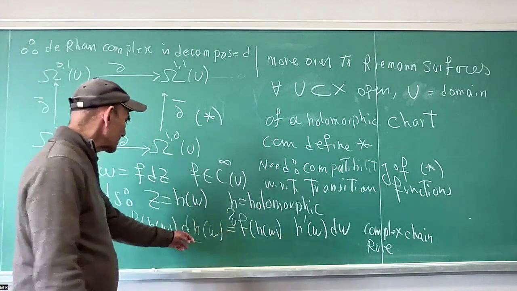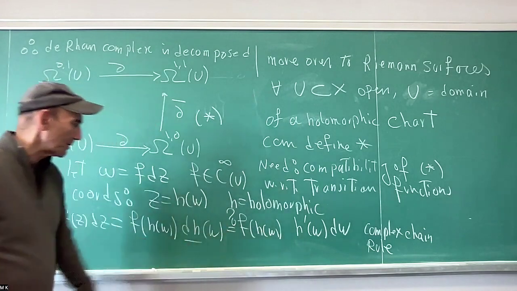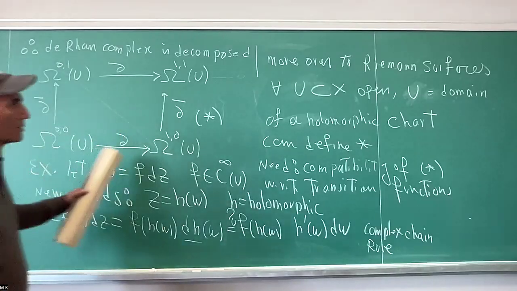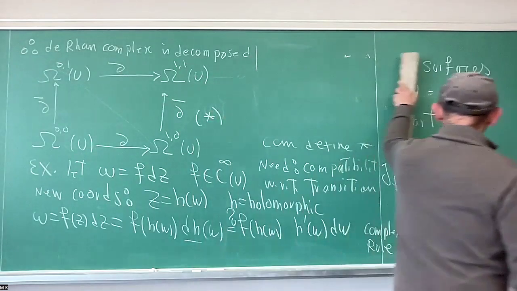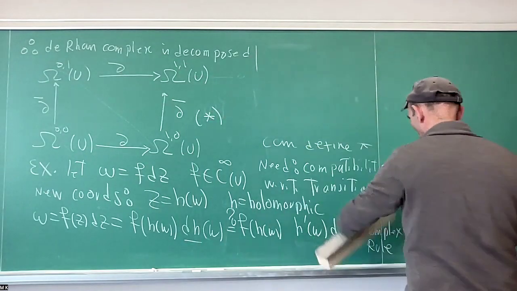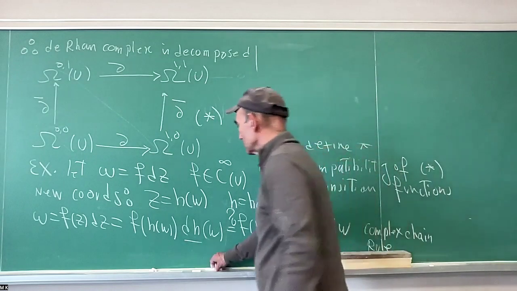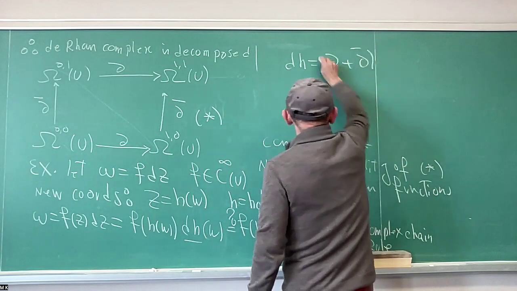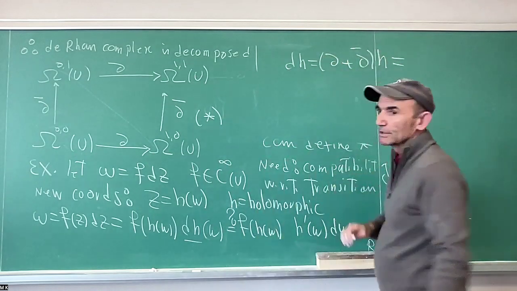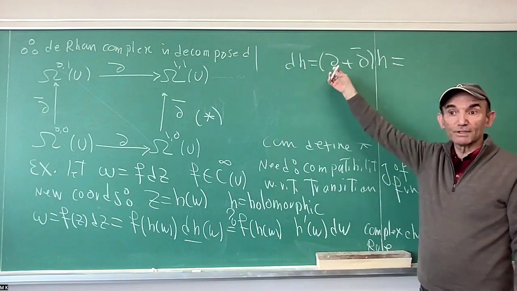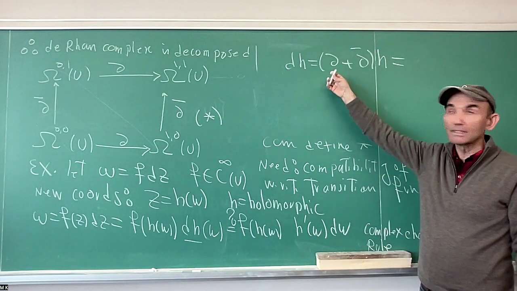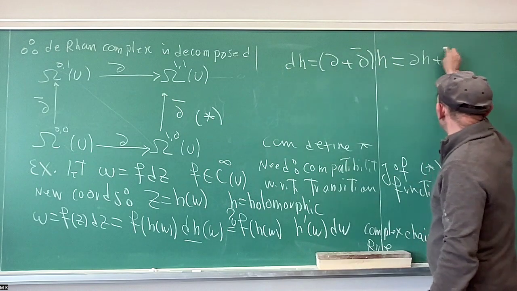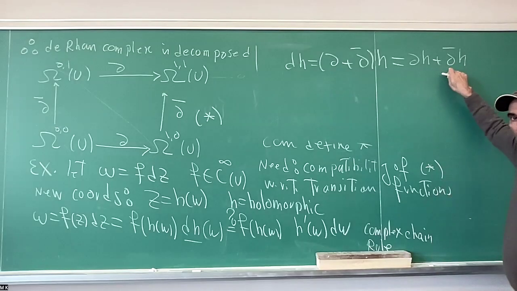So let's compute d of h of w. What is d of h? We had a result before, right? This is what I proved in the lemma that we had. Now, what is this term?